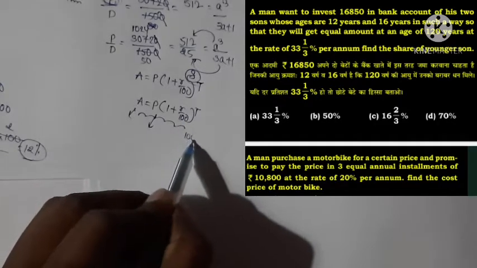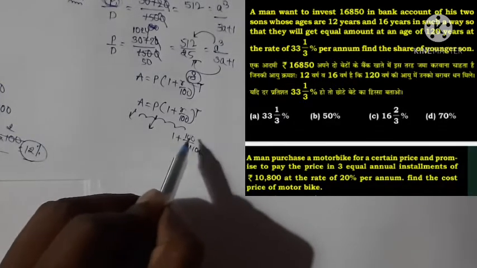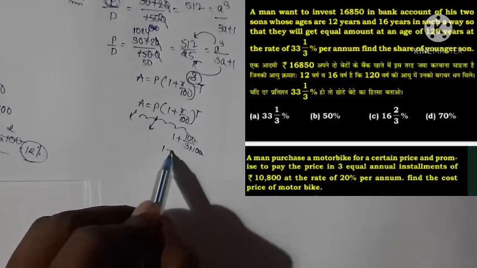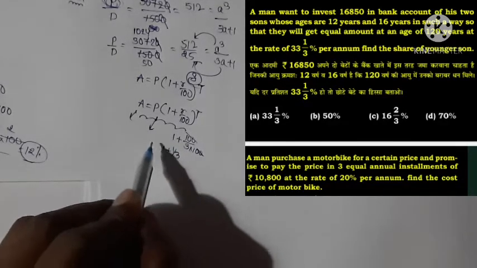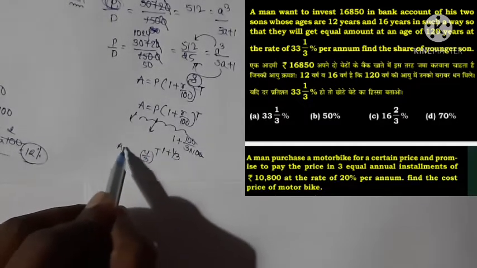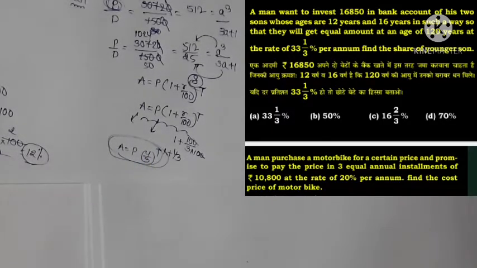So 1 plus 100 by 3 into 100, 100 cancelled. Here this value is 1 plus 1 by 3. So value is equal to 4 by 3 whole power t. So amount is equal to principal into 4 by 3 whole power t.